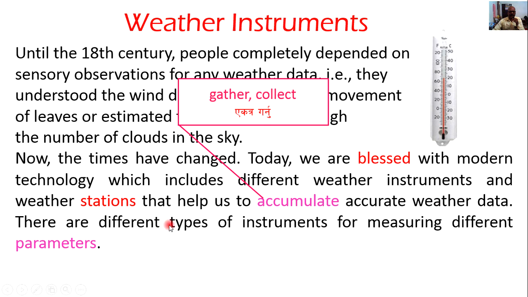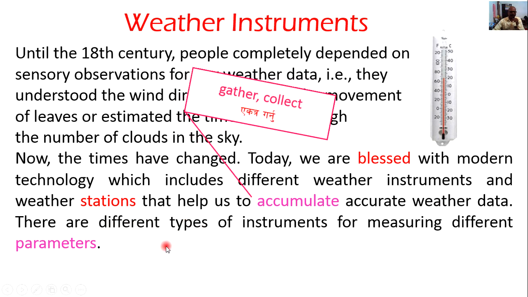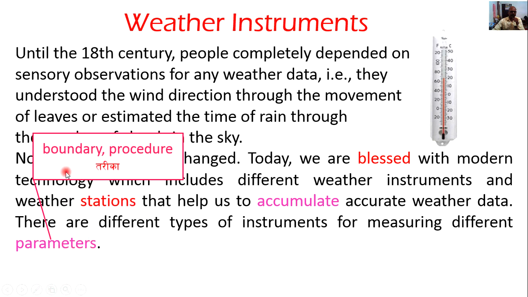Accurate weather data. There are different types of instruments for measuring different parameters. Here parameter means boundary, procedure. Here you are watching the thermometer.